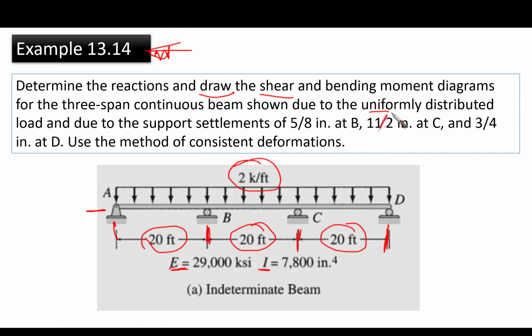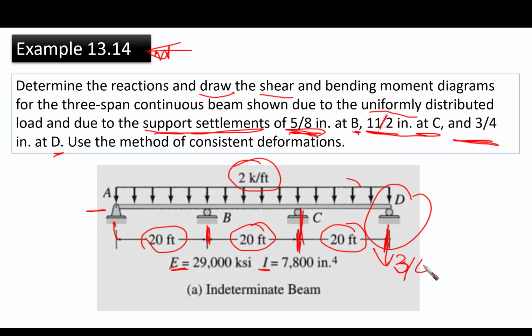Due to what? Due to the distributed load, since the external loading is being applied, and due to support settlement. That's the point. We found that there was a support settlement: point B goes down 5/8 inch, point C goes down 1.5 inches, and point D goes down 3/4 inch.